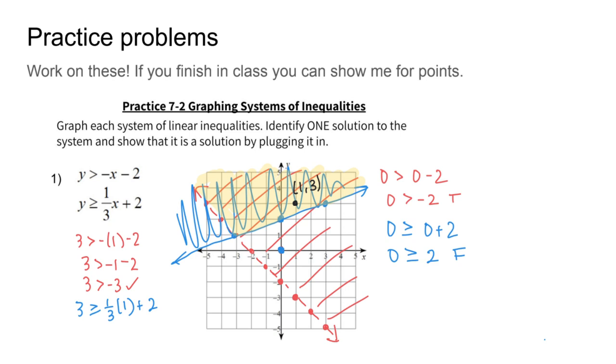Well, 1/3 times 1 is 1/3, plus 2, that's 2 1/3. So 3 is greater than or equal to 2 1/3. That's also true. So when we plug in this solution here, we plug it in for x and y in both equations. So here it is plugging it into the first equation, and here it is plugging it into the second equation.